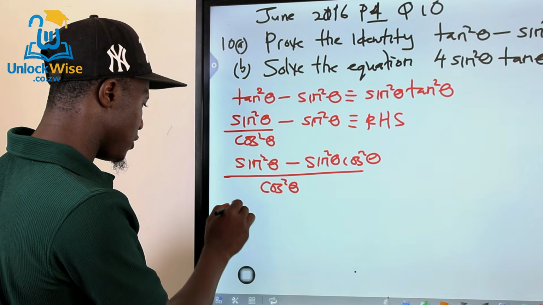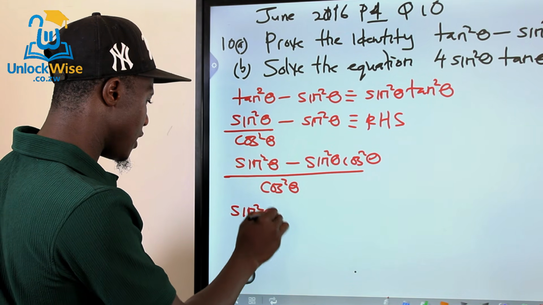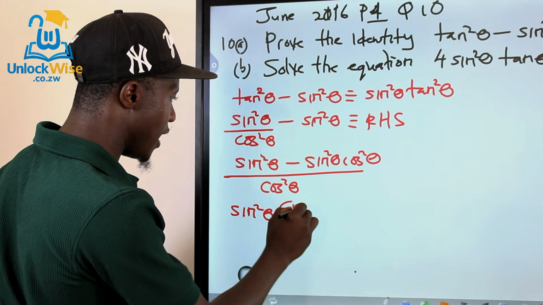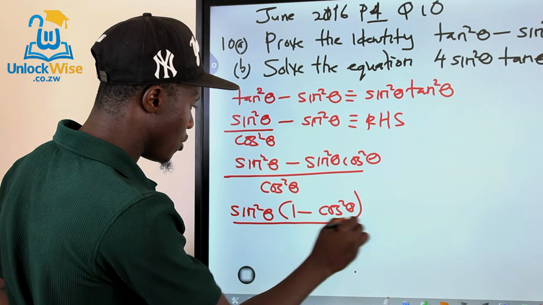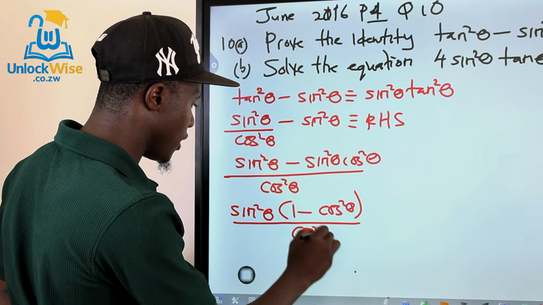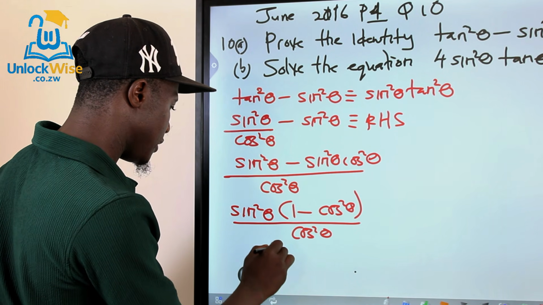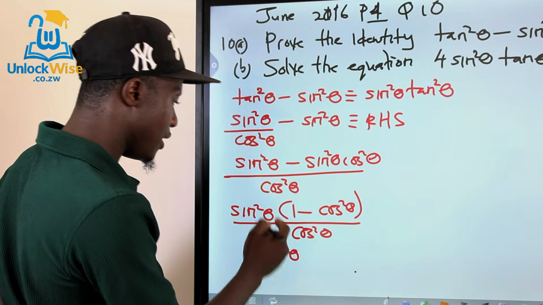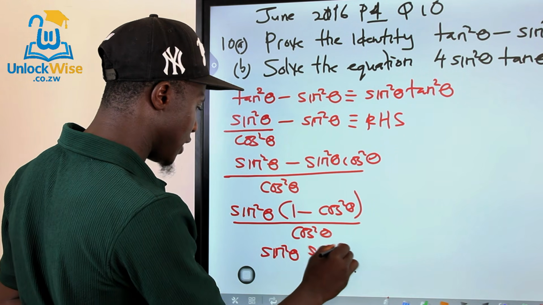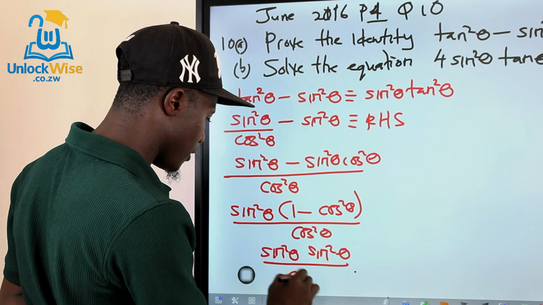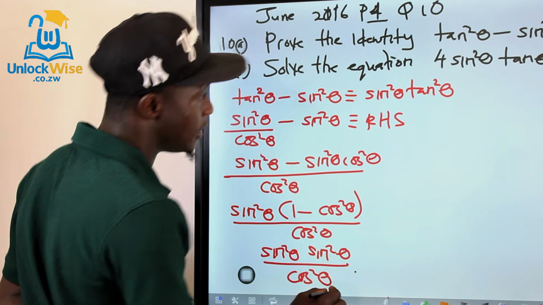Now we need to factor out sine squared theta. Then we'll be left with 1 minus cos squared theta, all over cos squared theta. Now what is 1 minus cos squared theta? We get sine squared theta, all over cos squared theta.